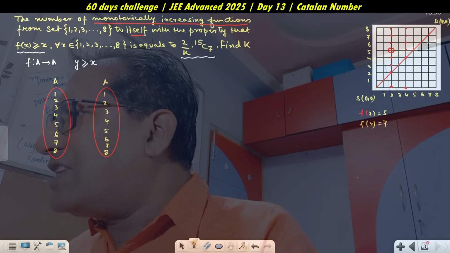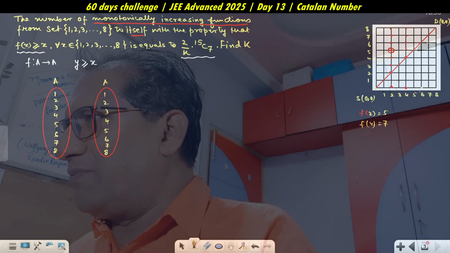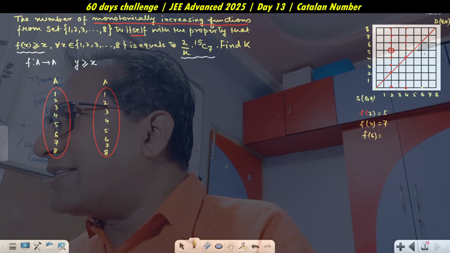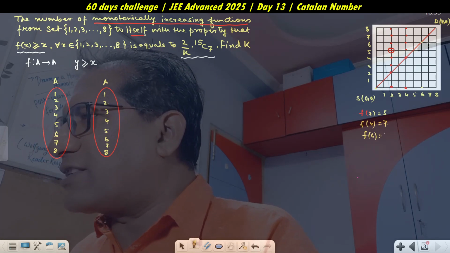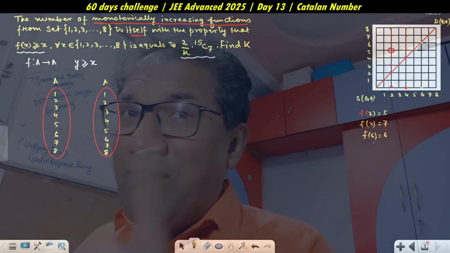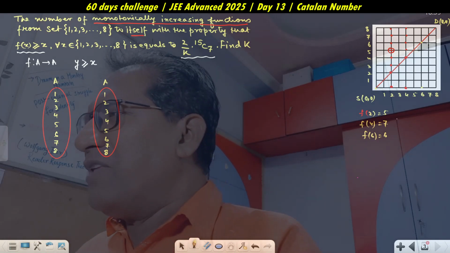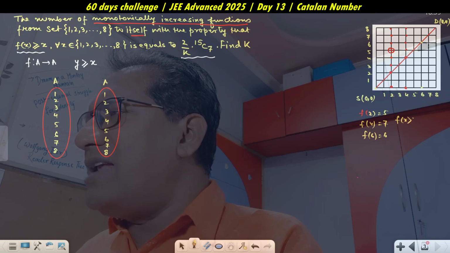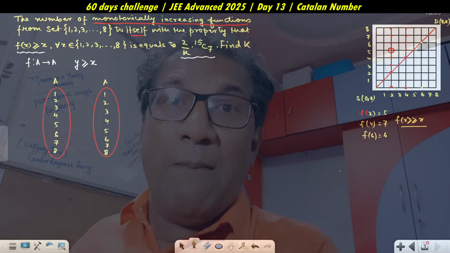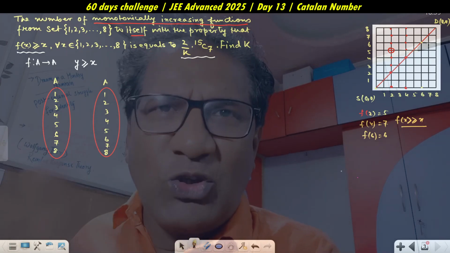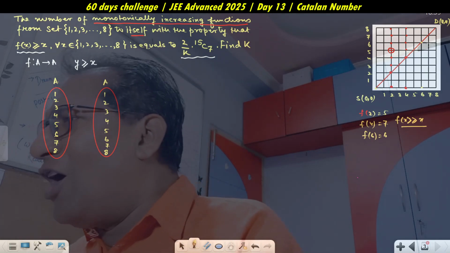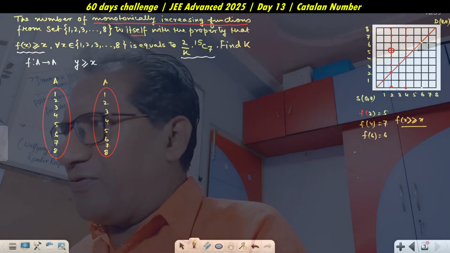Now if I consider f(6), and now your f(6) is coming to, let us say, this point, which is your 6. Now in this case, look at it very carefully. In this case, your f(x) is greater than equals to x. That is true. But is it monotonically increasing? No. Why? Because f(2) is 5.